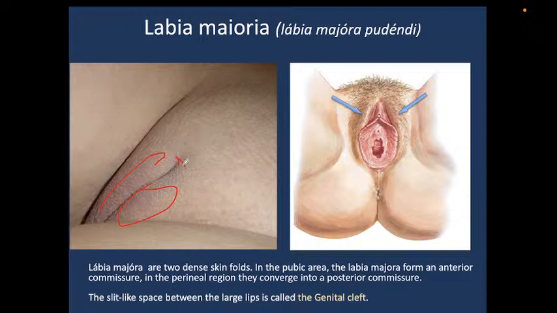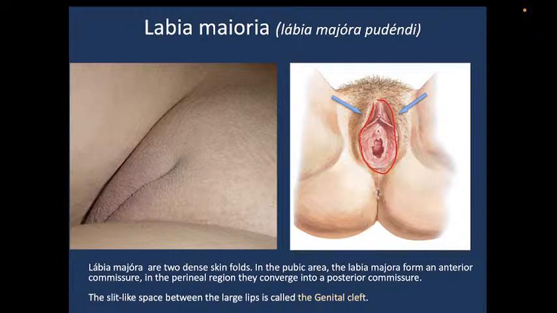This is the anterior commissure. And in the perineal region they converge into a posterior commissure. Here is also the posterior commissure between labia majora. The split-like space between the large labia is called the genital cleft.